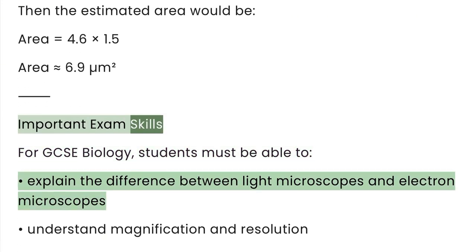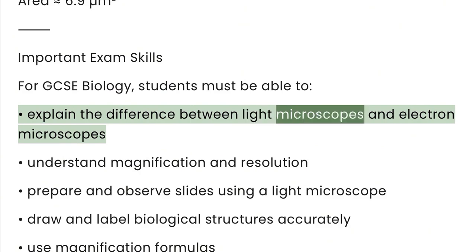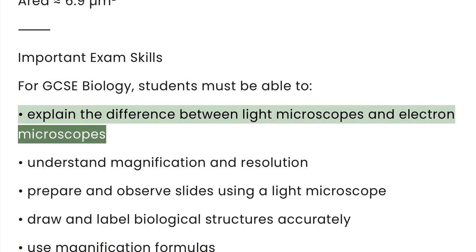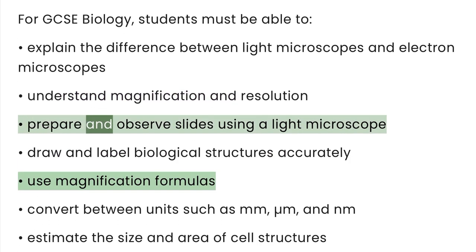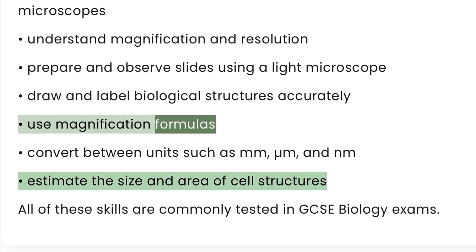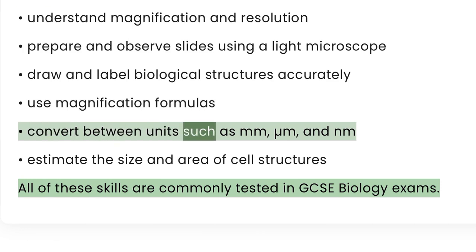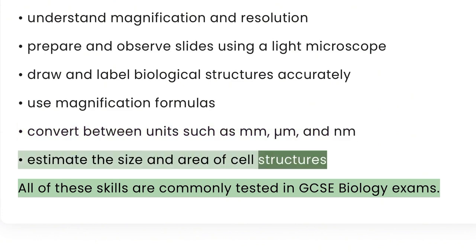Important exam skills. For GCSE Biology, students must be able to explain the difference between light microscopes and electron microscopes, understand magnification and resolution, prepare and observe slides using a light microscope, draw and label biological structures accurately, use magnification formulas, convert between units such as mm, μm, and nm, and estimate the size and area of cell structures.